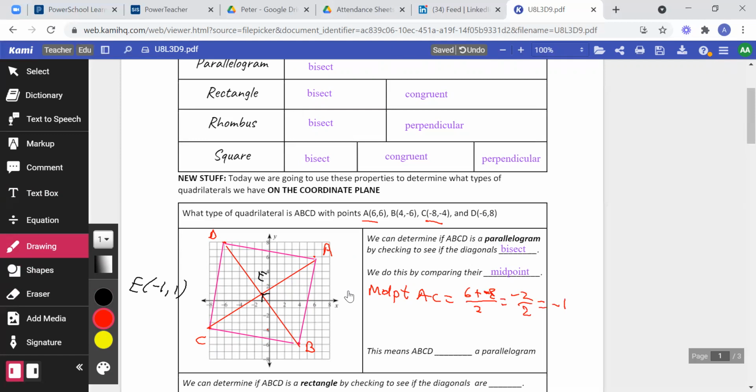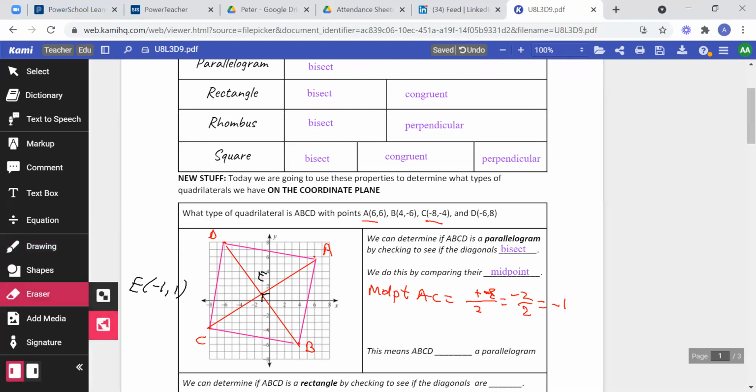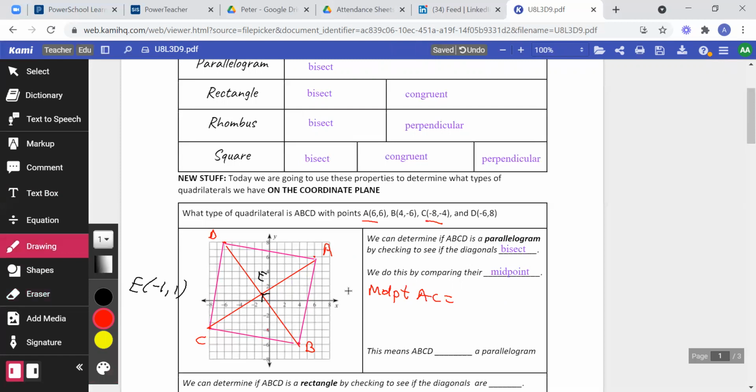Okay, let me manage the space very well. This space is quite little. I'm going to do the x value of A to be 6. The x value of C is -8, over 2. Then I'm going to go for the y value of A, which is 6.